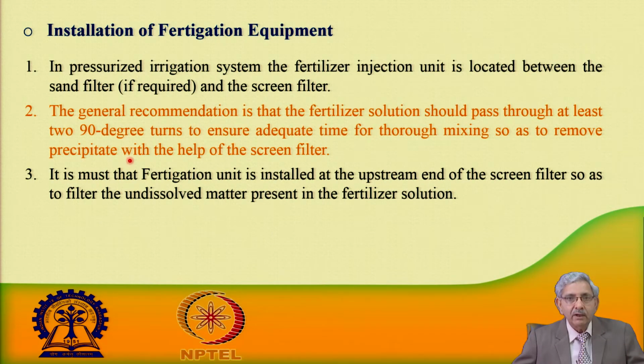So, if at all there is some chemical reaction, it has taken place. This should be taken care of, and then it should be screened out by using the screen filter.